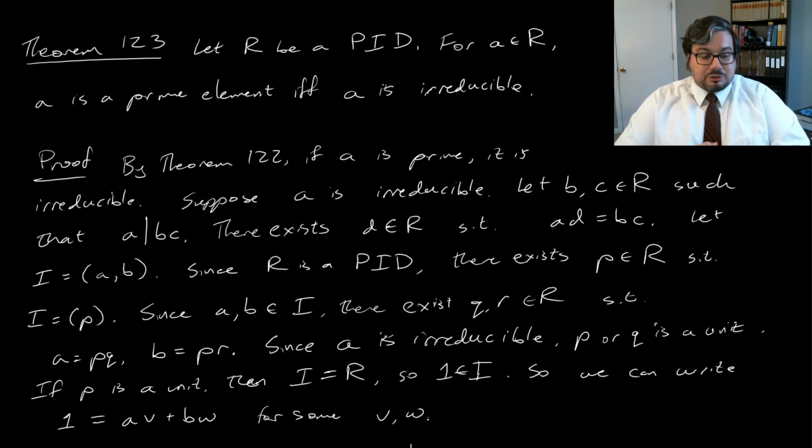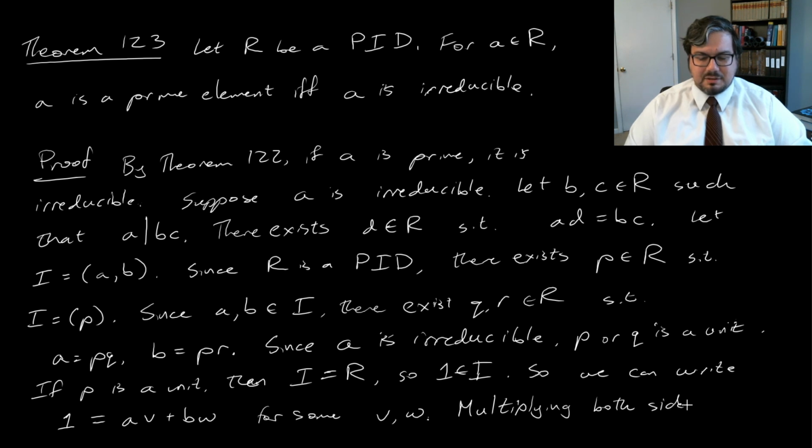So we're trying to prove that A is prime, which means we're trying to show that A divides one of B and C here. We have this, and now we're going to multiply both sides by P. Sorry, not by P, by C. Multiplying both sides by C, we get that C is equal to ACV plus BCW, but BC was AD.